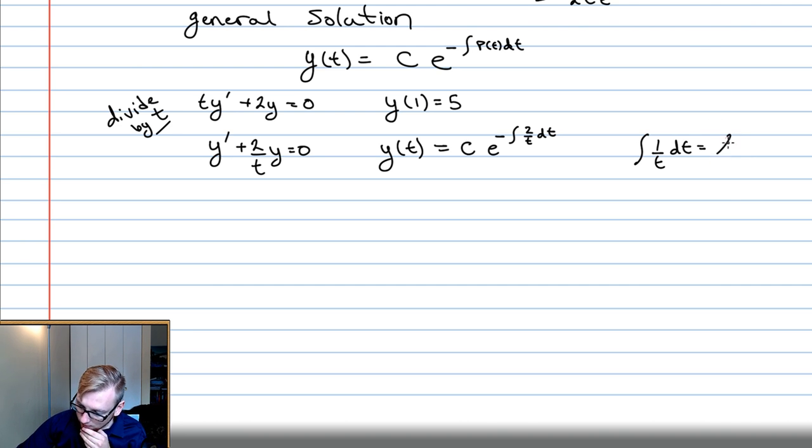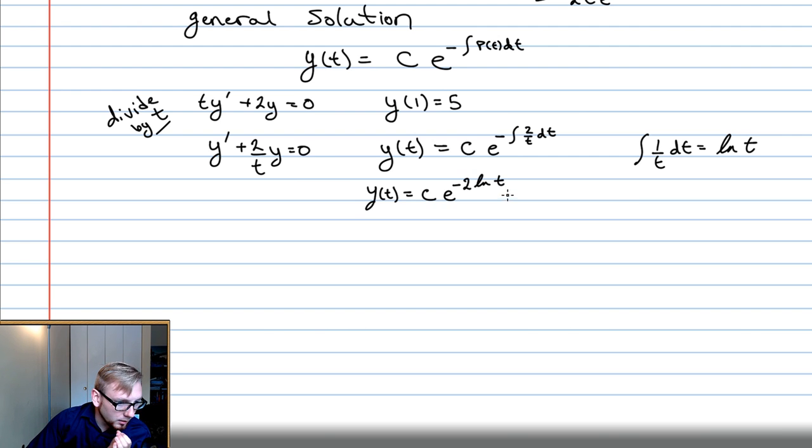Well, it's natural log of t. So then y of t is equal to c e to the negative 2 natural log of t.